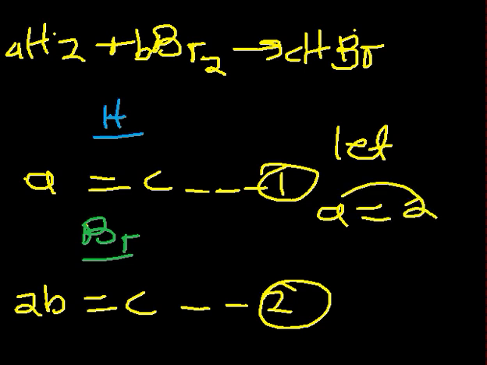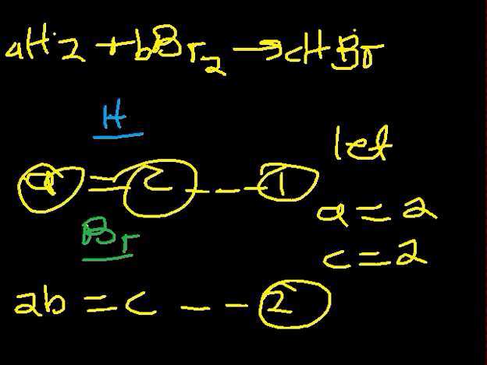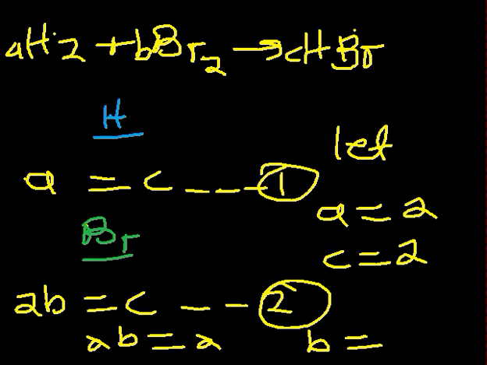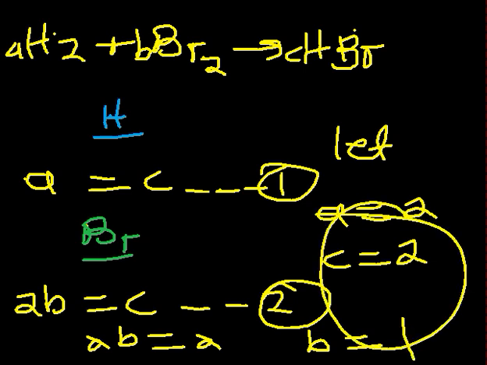So for this case, if A is equal to 2, it means for this equation we'll have C being equal to 2 as well, because we have A is equal to C. And if C is equal to 2 using this equation, then we'll have 2B equal to 2. Now for this case, we'll have B equal to 1.